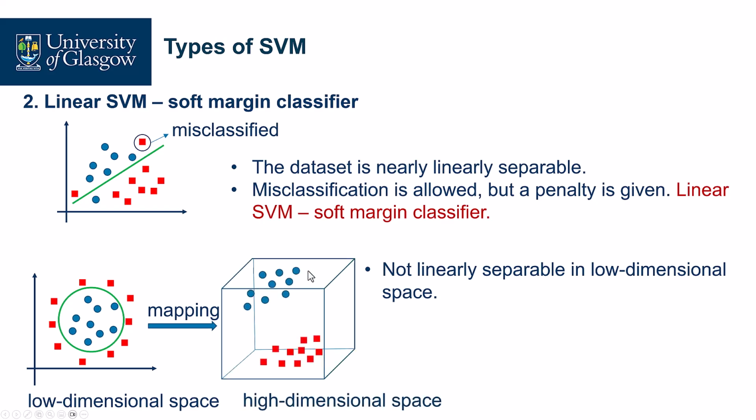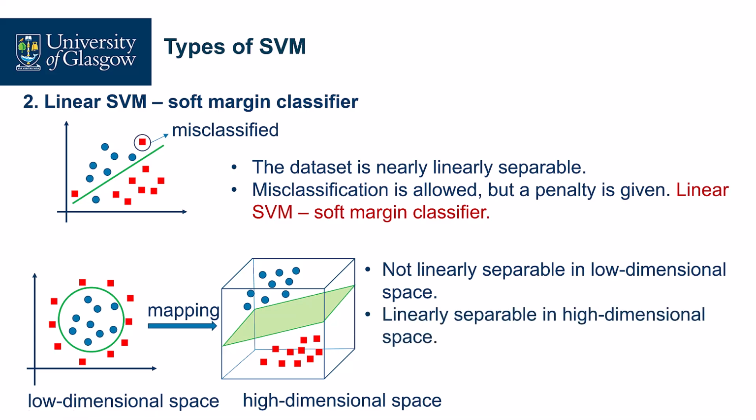We make it a three-dimensional space, and we find that in the three-dimensional space it's linearly separable. Then we can use a hyperplane to separate it, right? This one we call nonlinear SVM because we have a nonlinear mapping. So this is the third kind.